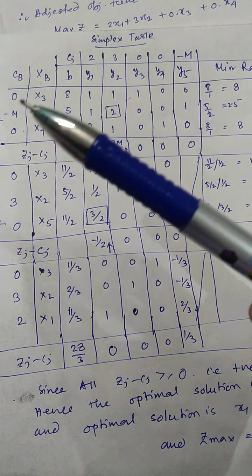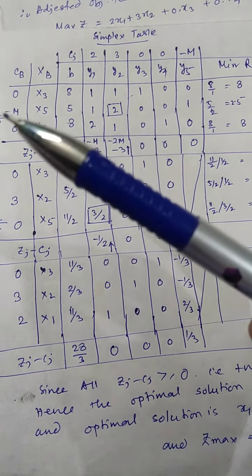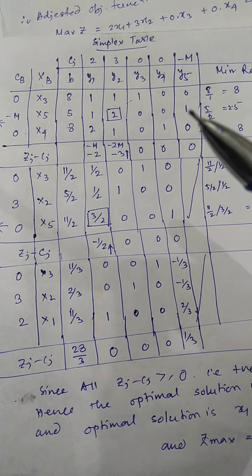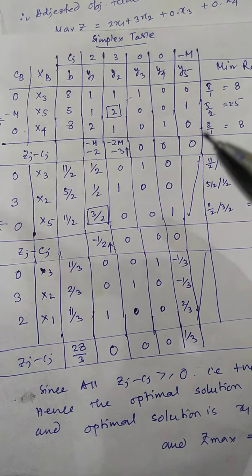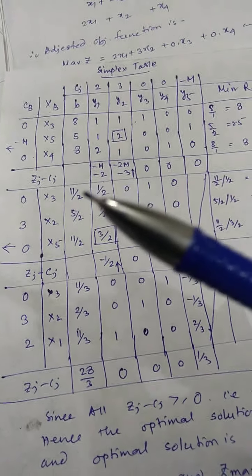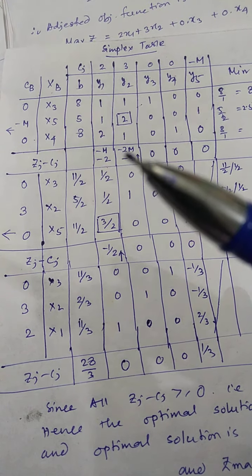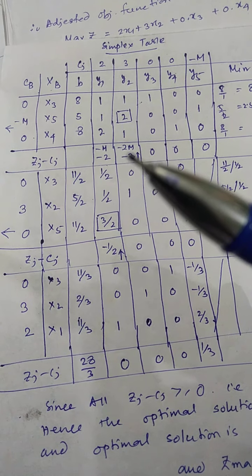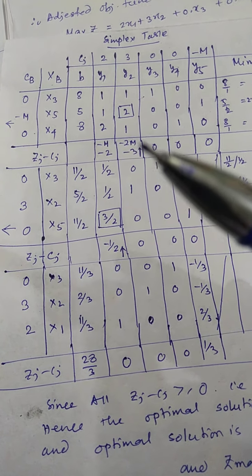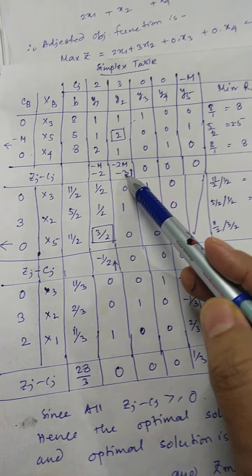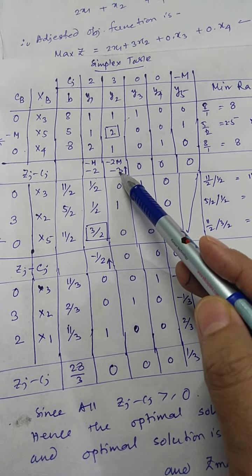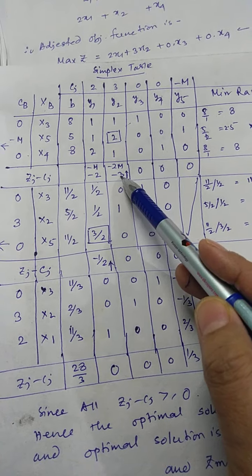Similarly 0 into 0, minus M into 1 is minus M, plus 0 into 0, minus M plus M is 0. So the most negative zj minus cj is z2 minus c2, minus 2M minus 3. Since it is the most negative, this is the entering vector in the basis.